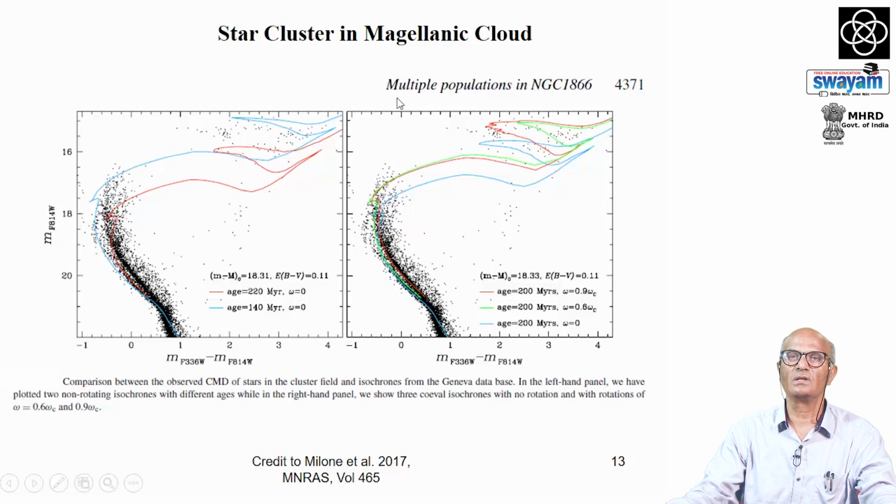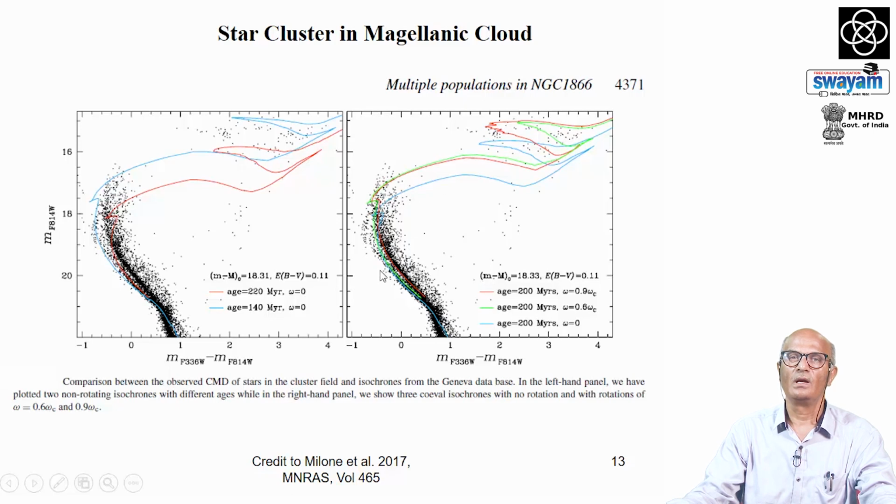And this is one such cluster named NGC 1866, it is located in the Magellanic Cloud, and you can see that there are multiple populations, and in fact, these are the two various isochrones with various parameters which are shown here.